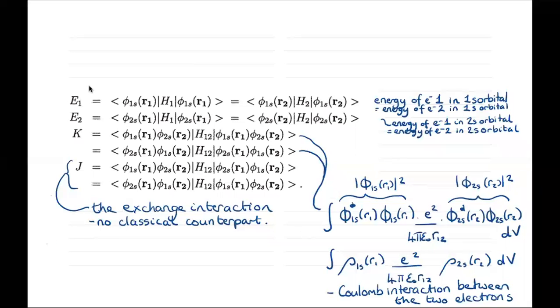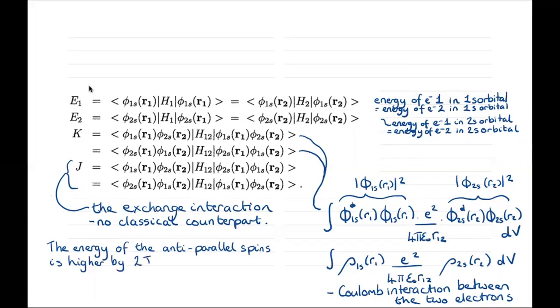So we can say that the energy of the symmetric spatial wave function, which corresponds to having anti-parallel spins, is higher by an amount 2J than that of the antisymmetric wave function, which corresponds to the parallel spins.